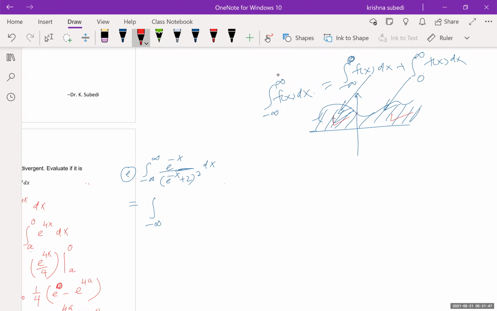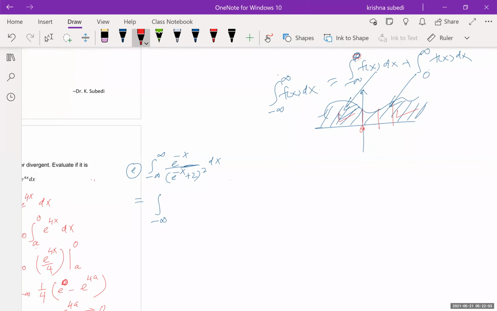You don't have to split it exactly at 0. You can split anywhere, but to make life easy, I'm supposing 0 there, the dividing point, just to make life easy. But you can choose any number there.